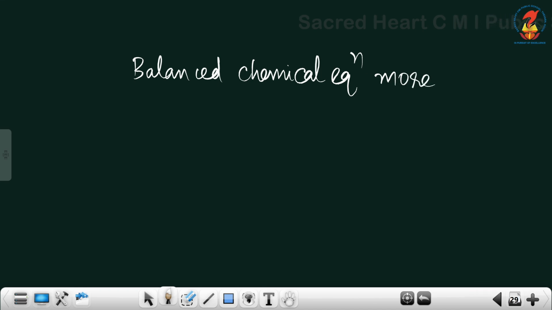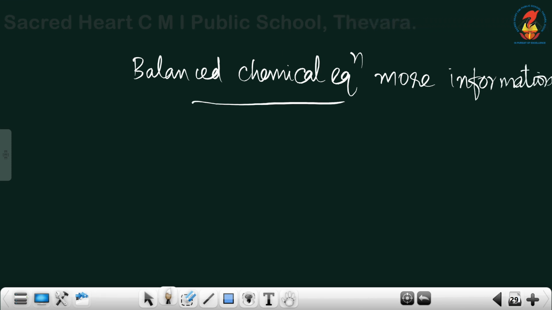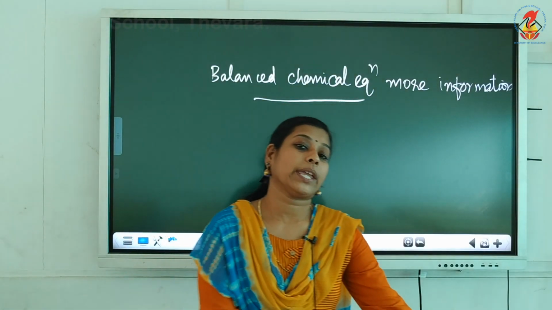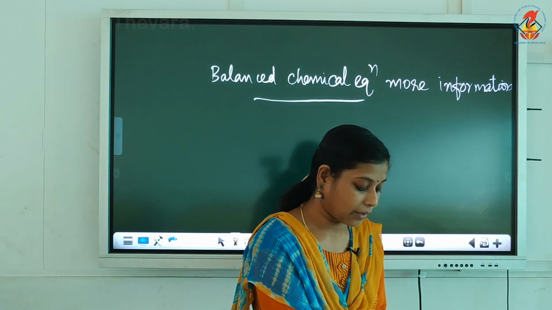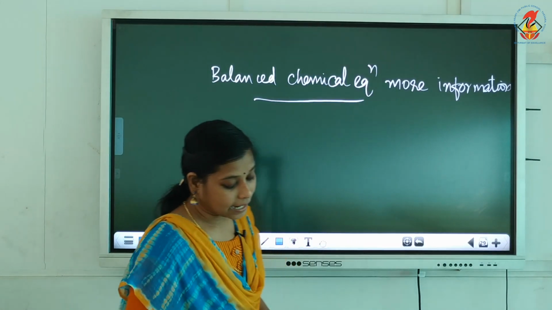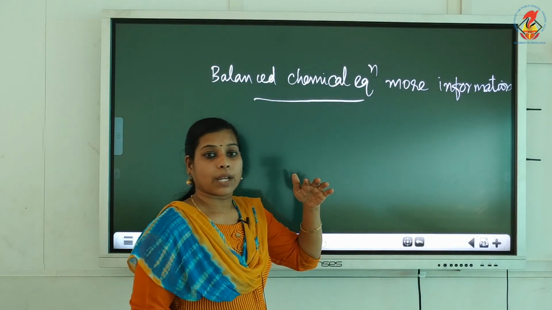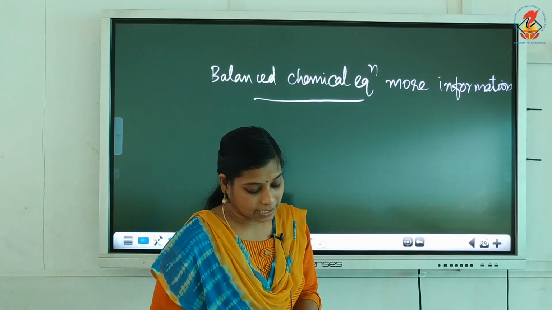We can write a balanced chemical equation more informative by adding certain things to that already balanced equation. So we can tell one by one. If an equation is balanced, then in that particular equation certain symbols will be there.